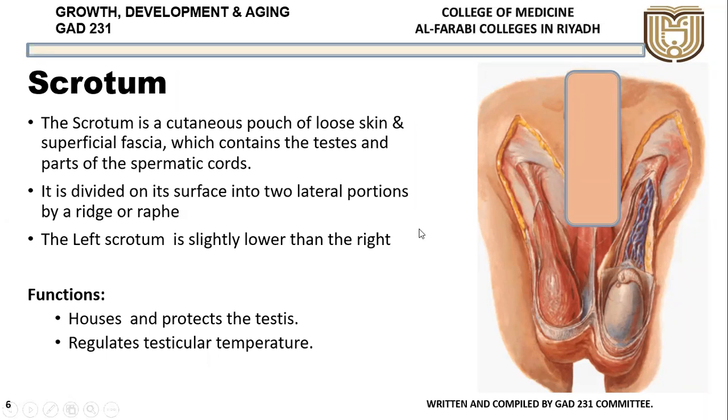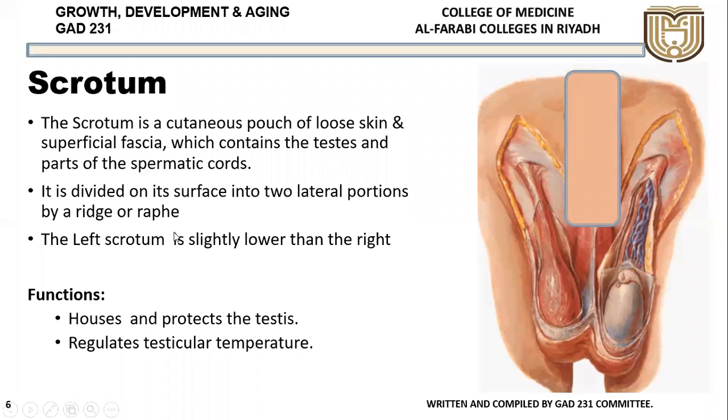The scrotum is divided into two. If you can see here, it is divided into two parts by a median raphe. Inside we have a ridge or raphe, which will divide it into two lateral pouches, which will house the testes on either side, and in between is the raphe or ridge, which separates the two bags.